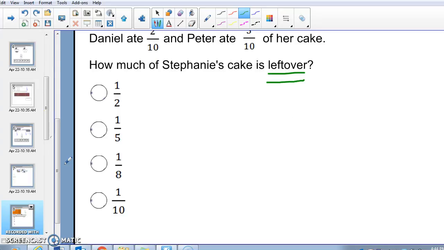So your next question should be, did I do this correctly, or does one of these choices equal 5/10? And as we know, 5 is half of 10, so our answer has to be 1/2. Remember those equivalent fractions.